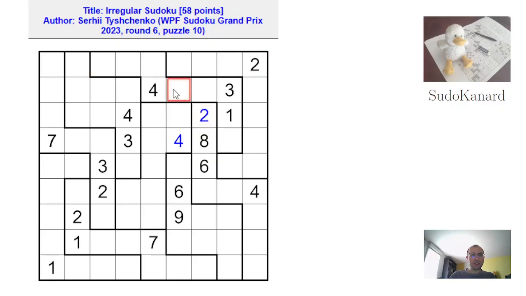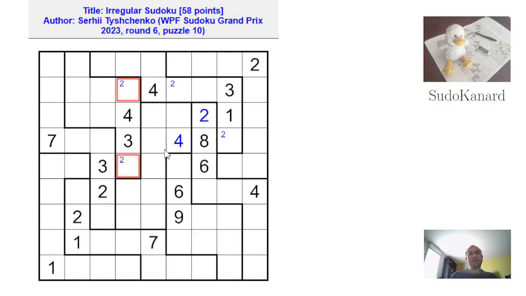It's not here, so only 2 places remain. Now we know that 2 is not here. Inside this region, 2 is not here, it's not here, so only 2 places.